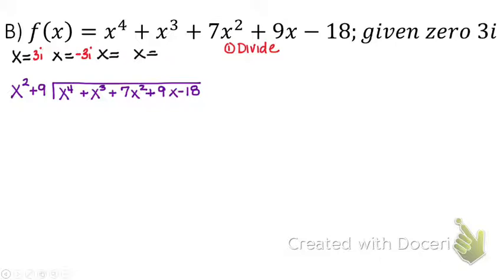So I'm going to divide the x to the 4th by x squared. And when you take x to the 4th and divide it by x squared, you get x squared. That goes on top. The second step for long division is multiply.